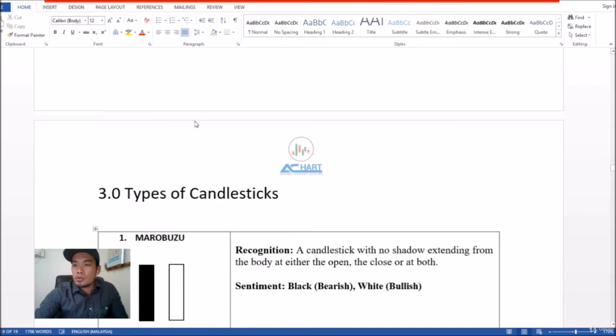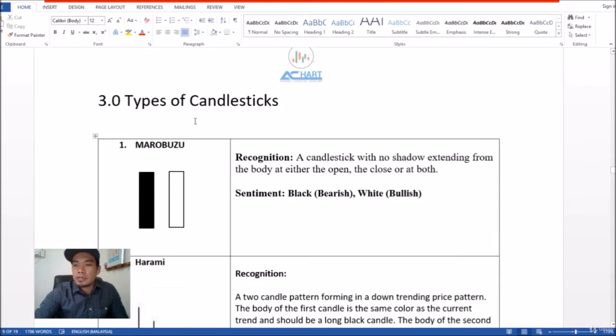All right, we go to the various types of candlesticks. Number one is the Marubozu. Regarding the Marubozu, there are no wicks, only a solid body, a candlestick with no shadow extending from its body at the open, close, or both.